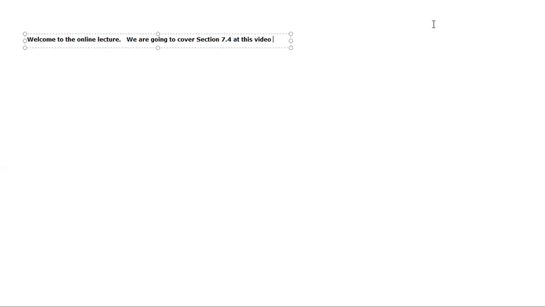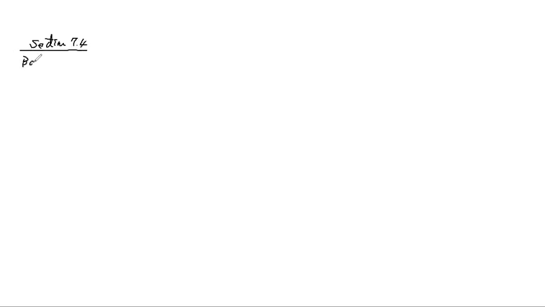Okay, and section 7.4 is basically about the basic concepts of probability.